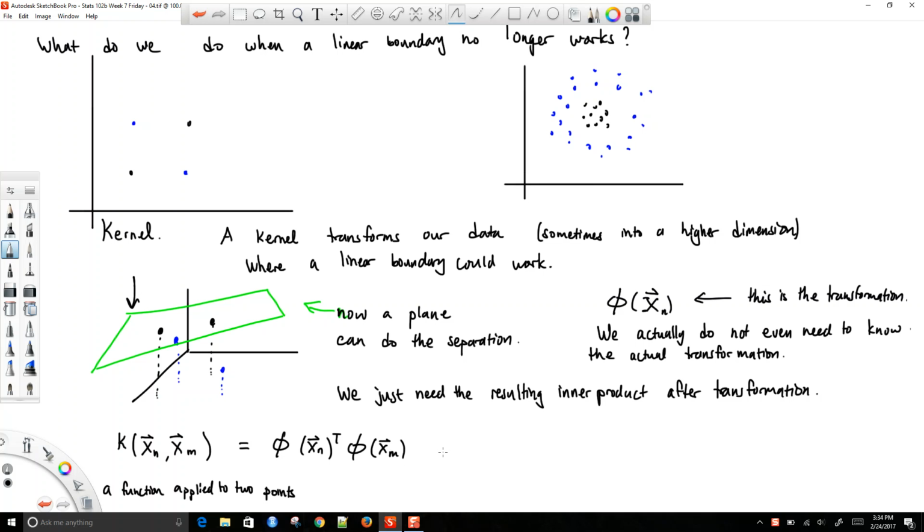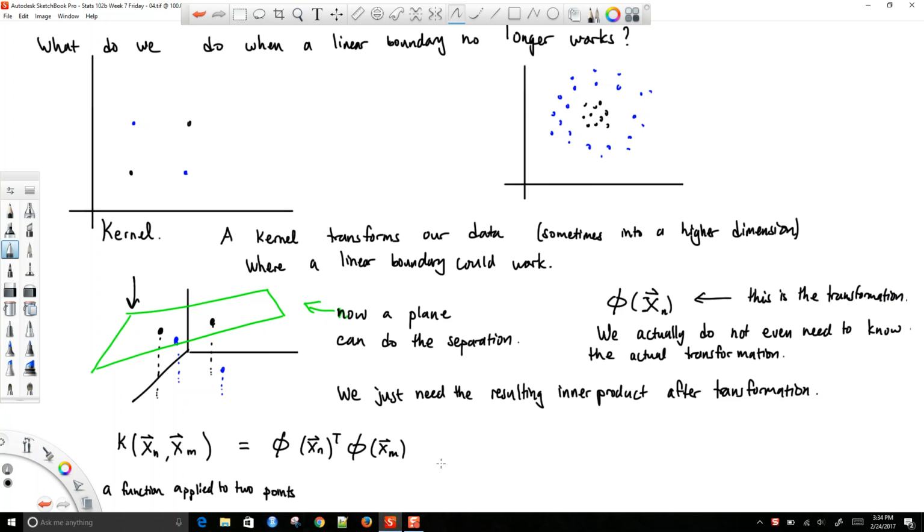So some transformation and the resulting inner product, this is our kernel function. We don't need to know the actual transformation itself.